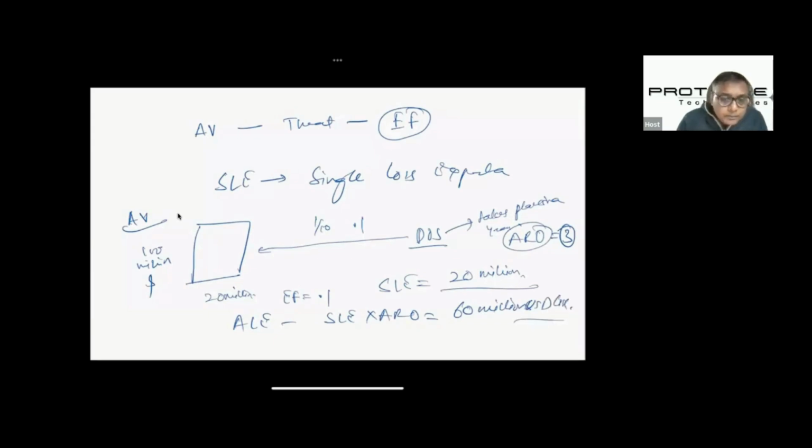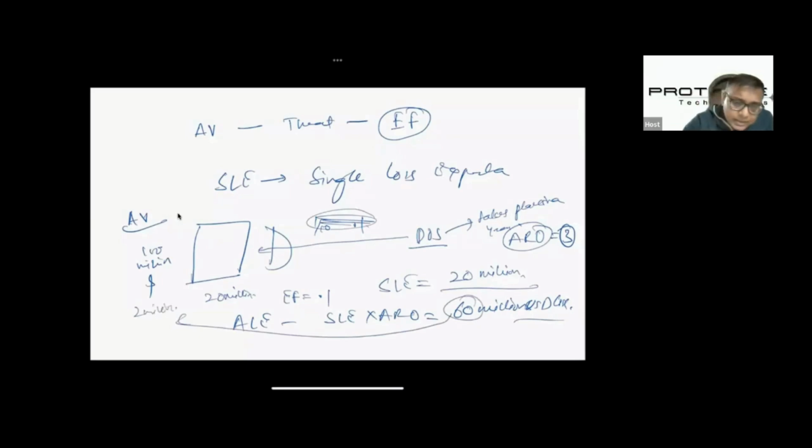Clear? That means if I don't implement any controls and a denial of service attack takes place 3 times every year, my revenue loss will be $60 million. So now I will try to put controls which reduce this exposure in such a manner that the $60 million comes to my risk tolerance of $2 million.